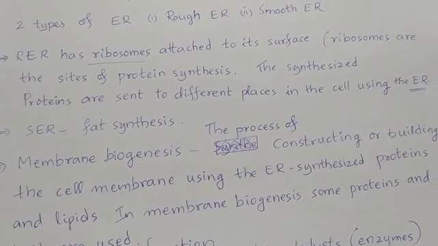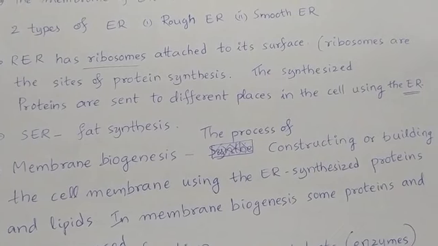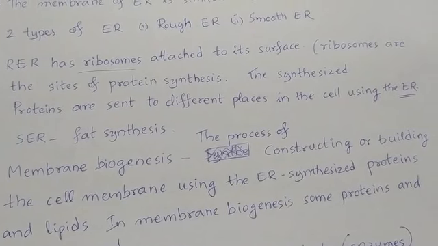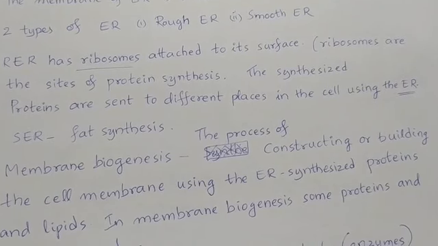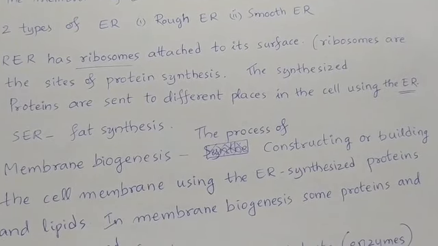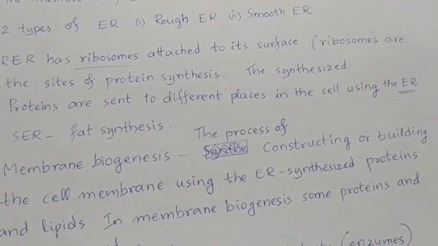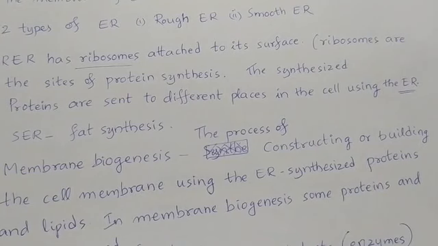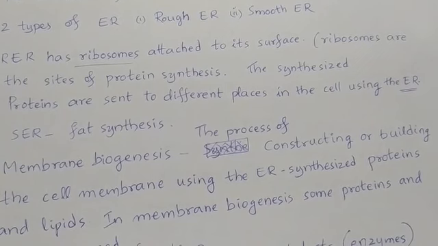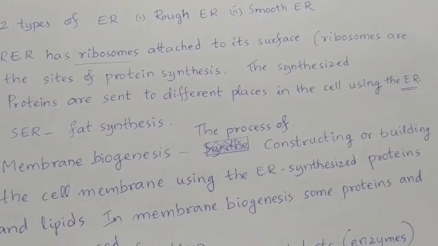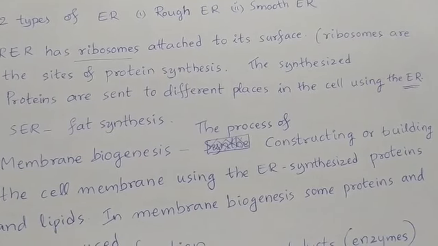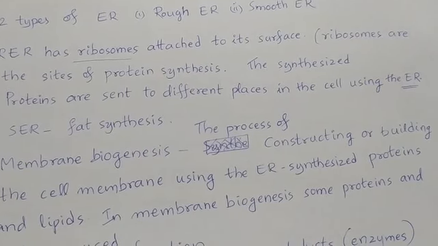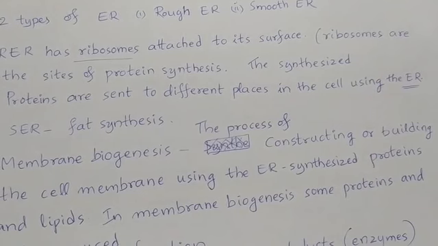Rough endoplasmic reticulum has ribosomes attached to its surface, like how on a sandpaper sand granules are attached to the paper. In the same way, ribosomes are attached to the surface in rough endoplasmic reticulum. Ribosomes are the sites of protein synthesis.